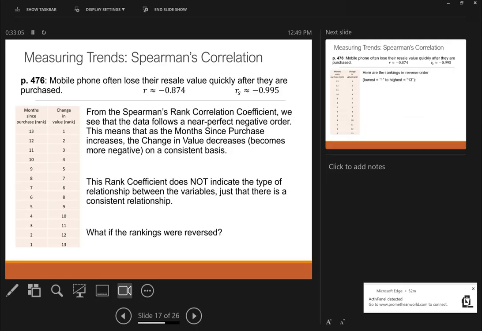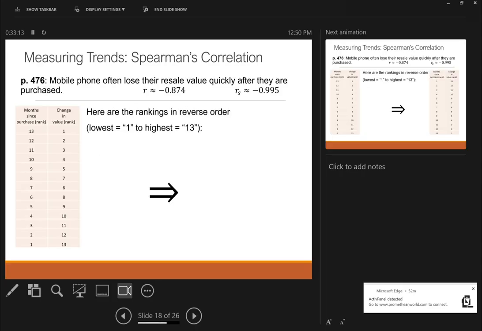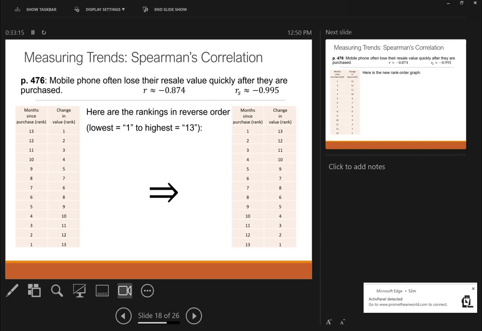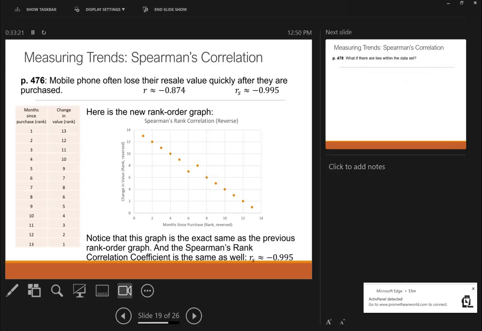What if I forgot and, instead of ranking them highest to lowest, I ranked them lowest to highest? So instead I did this. Guess what's going to happen? Nothing. Still get the exact same answer.